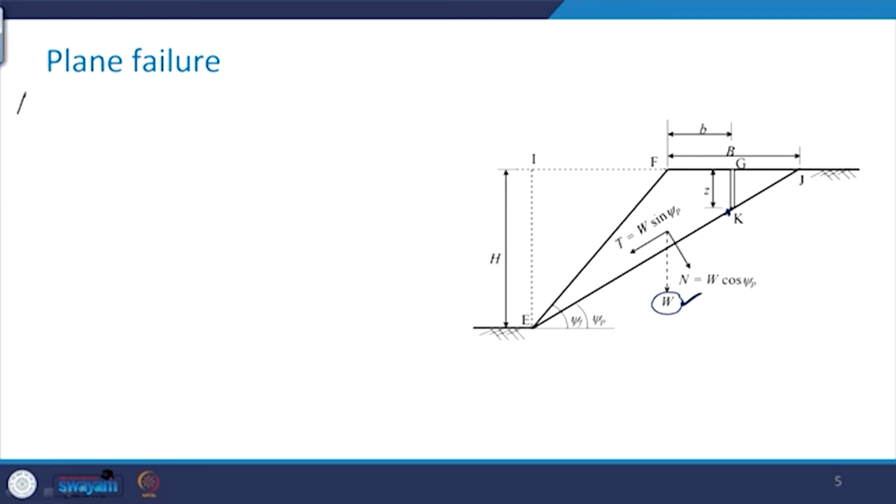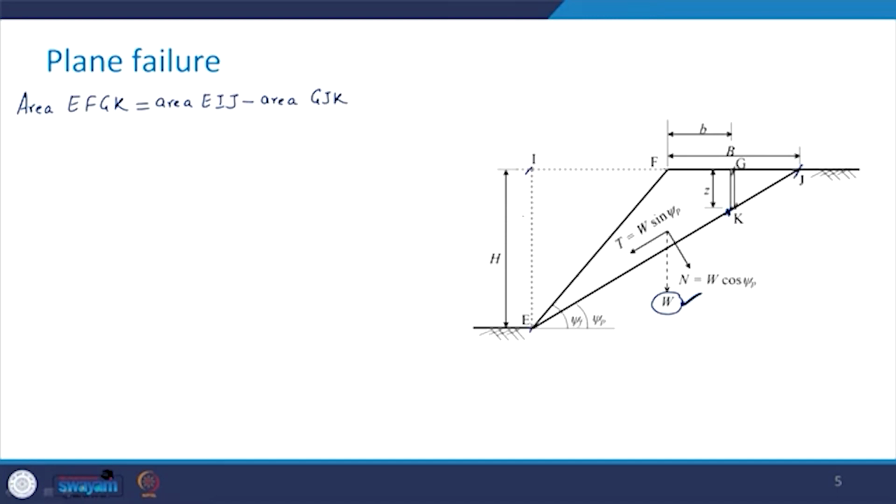So, let us try to find this out, that is area EFGK. I will write first area EIJ, that means this complete area, and then I will subtract area GJK.